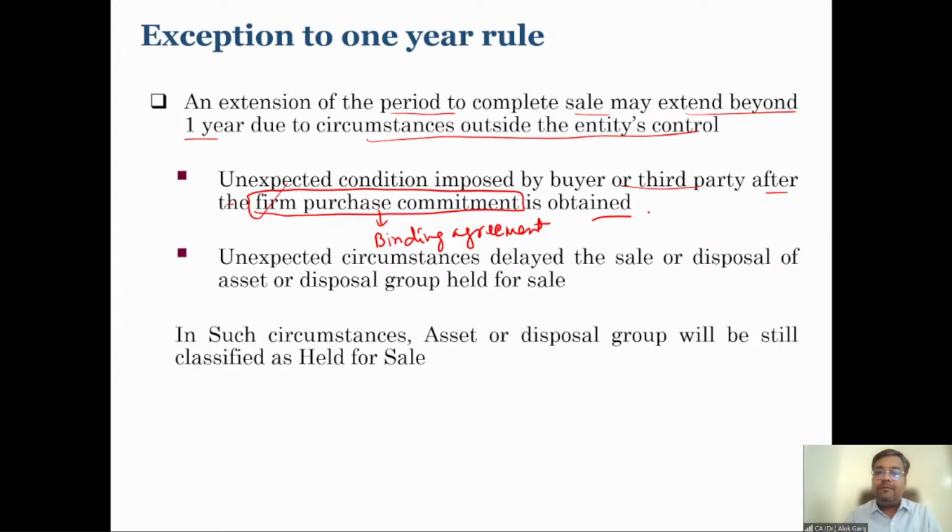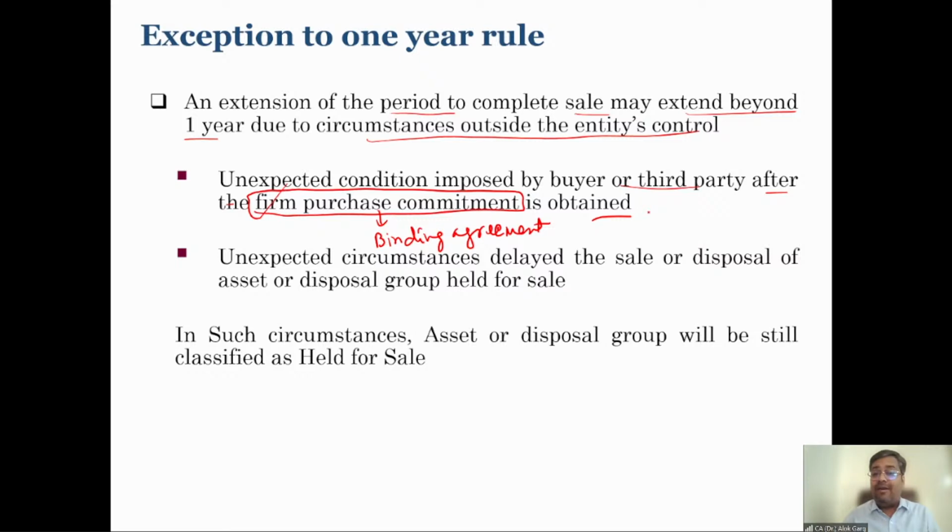For example, the seller and buyer have entered into a contract for the purchase of a factory. But when the buyer visited the factory, he told the seller, the contract is already there, but please, before selling this factory to me, I want you to clean up the entire chimneys, right? Because I've seen that these chimneys are emitting a lot of pollution.